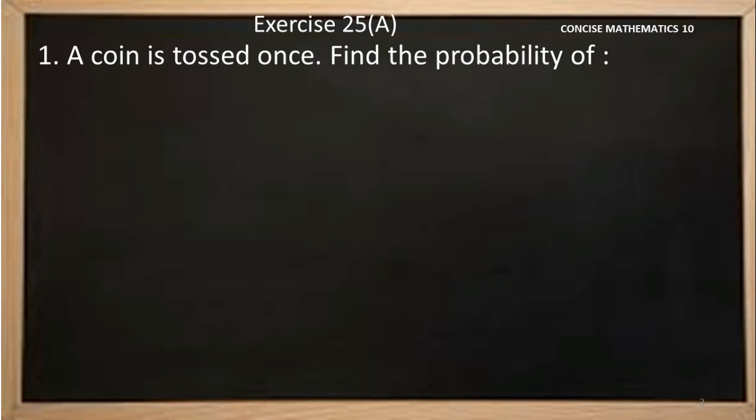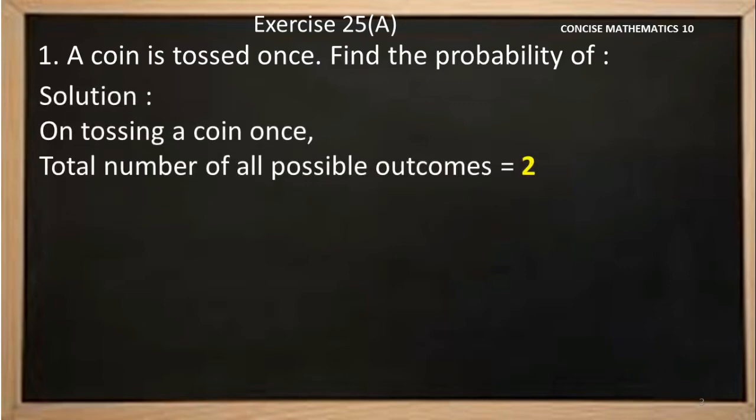So, head or tail are the two possible outcomes. Hence, we can say that the total number of possible outcomes is 2. So, whenever we start probability problems, the first step is to note down all the possible outcomes of the given experiment or event.